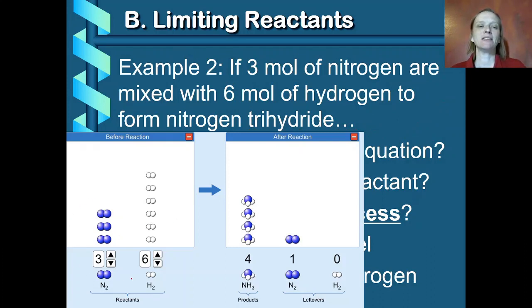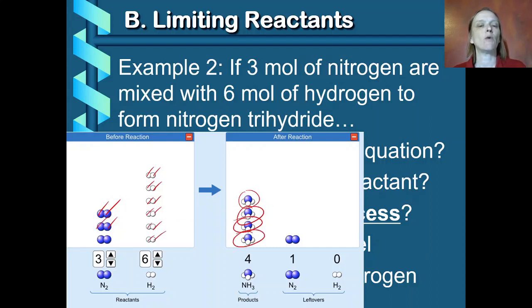If I start with 3 moles of nitrogen and 6 moles of hydrogen, and I draw it like this, then I can form 1 nitrogen with 3 hydrogens, again and again, until I run out.